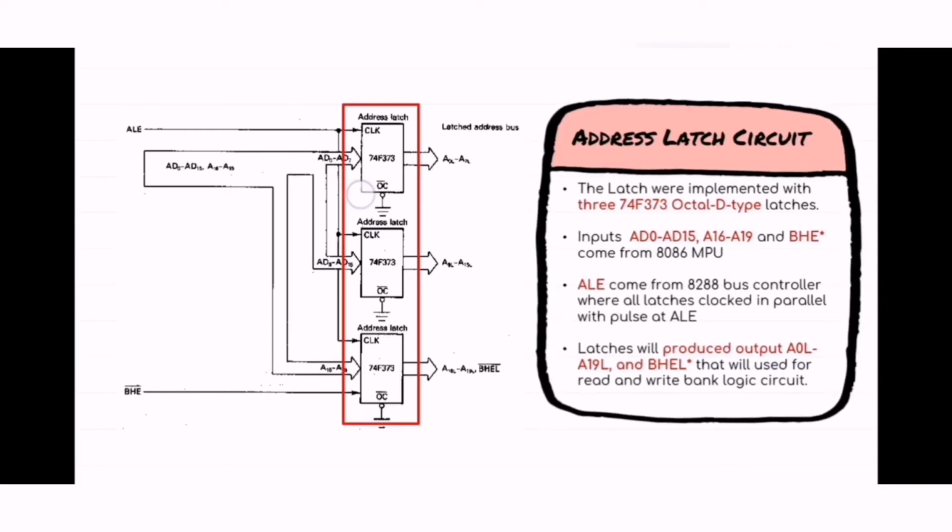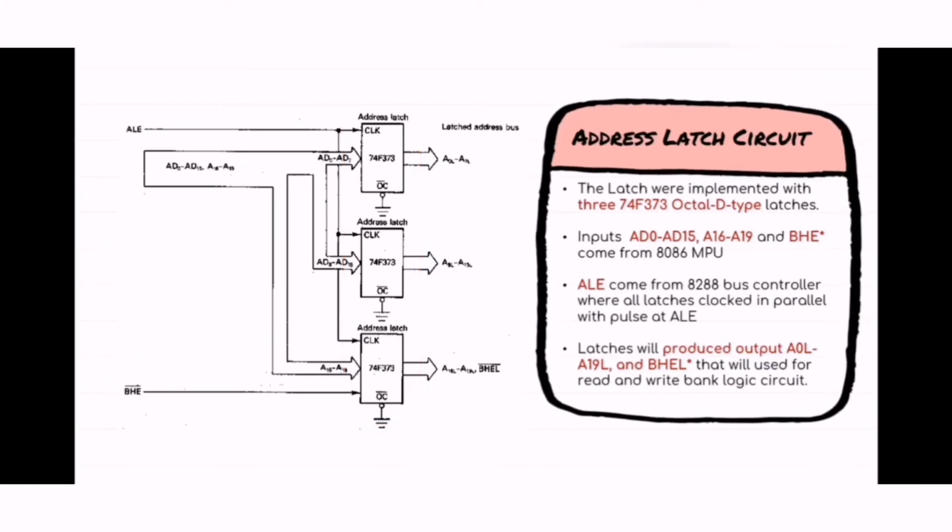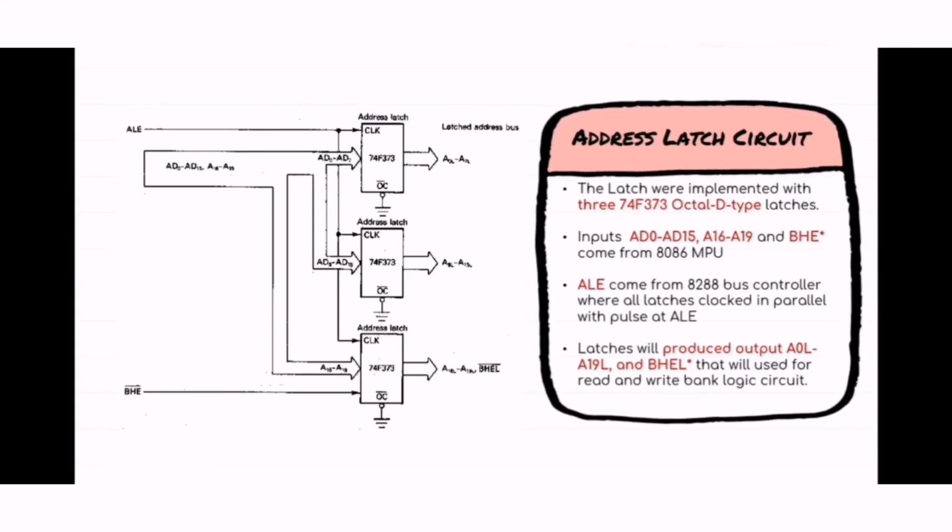If the OC here equals 0, it will be enabled permanently in the latch. Next, we will go into the inputs of the address latch. The inputs here, address data 0 until address data 15, address 16 until address 19, and BHE, come from the 8086 MPU.